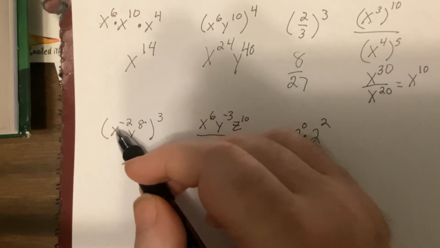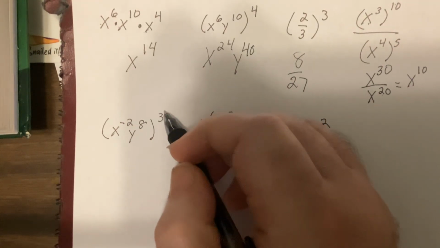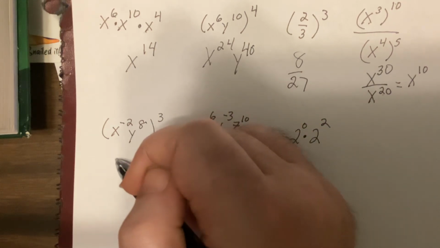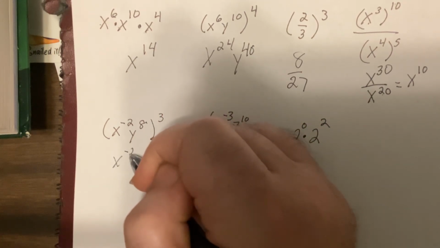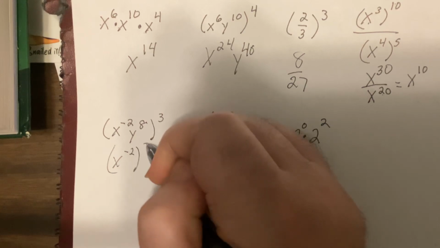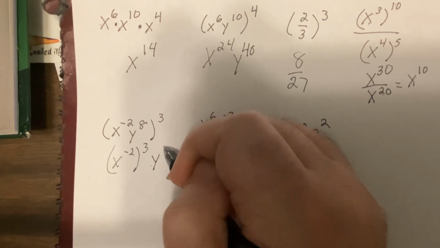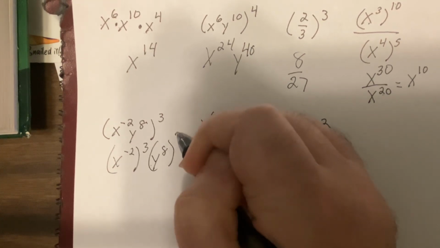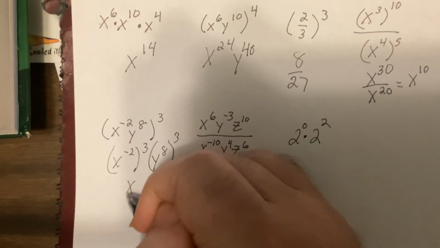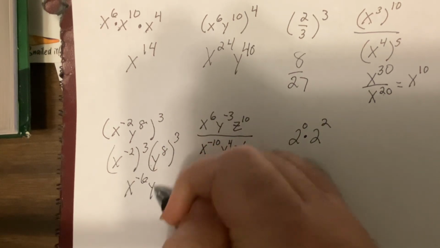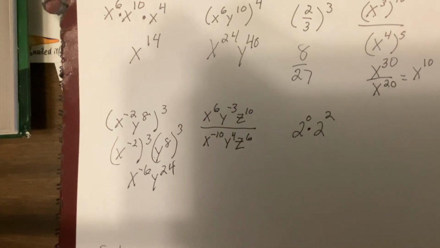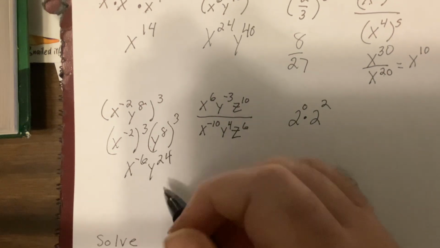This one, when you have a product to another power, you raise both to that power. So it'd be x to the negative 2 to the 3rd. Now you don't have to show this step, but I am. So this would be x to the negative 6, y to the 24th. But wait a minute, you got a negative power, so you got to move it.